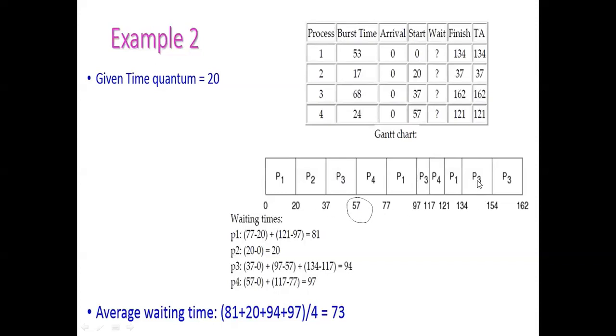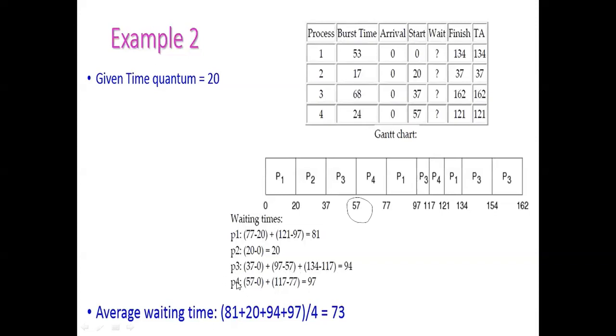Plus, next we need to find where P3 comes again: 134 minus 117. So 37 minus 0 plus 97 minus 57 plus 134 minus 117. Upon calculating this, we get 94 milliseconds as the waiting time for the process P3.